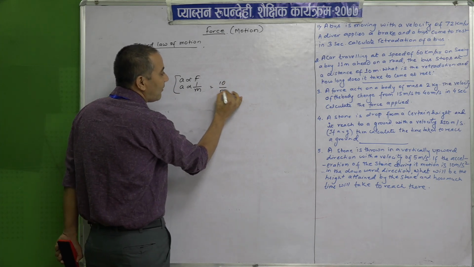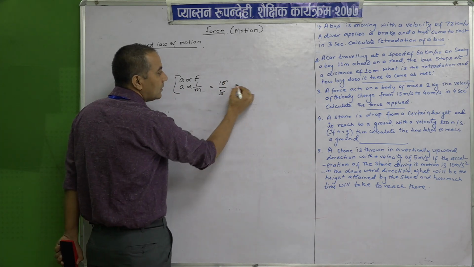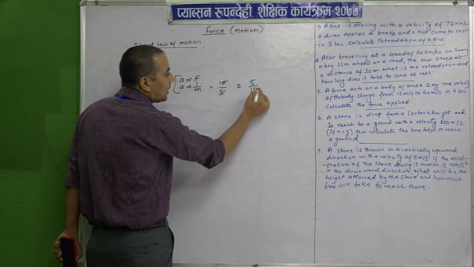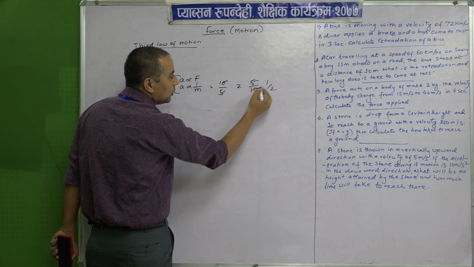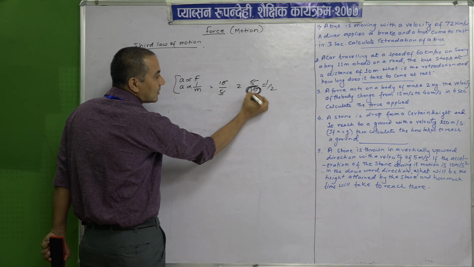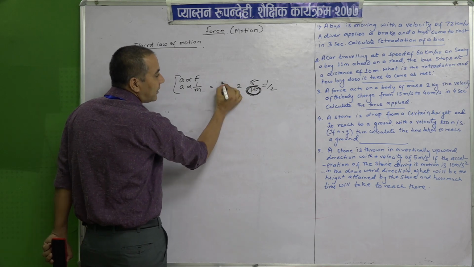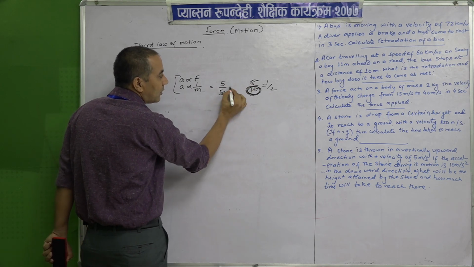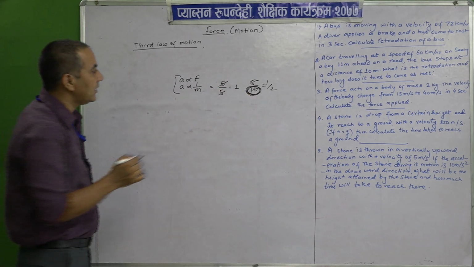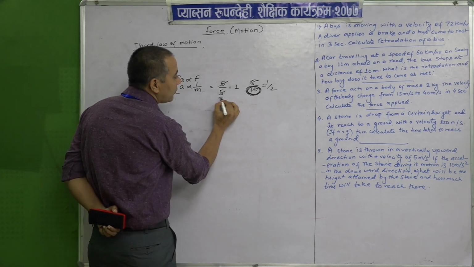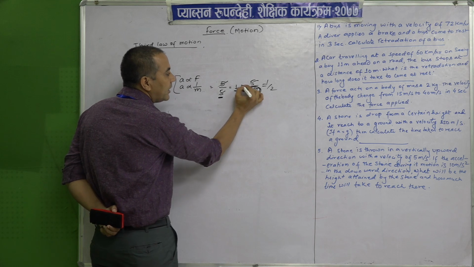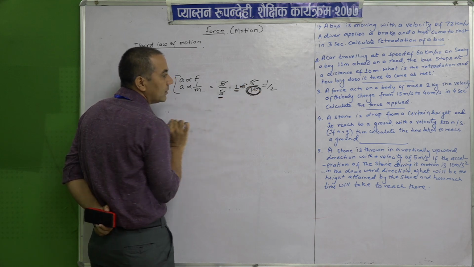Or we can simply look at the example: 10 divided by 5, how much will it come? 2. If you divide 5 by 10, then it will be 1 by 2. So, when the mass is increased, the numerator we keep the same. It was 5 kg mass, then its acceleration is 1 meter per second square.